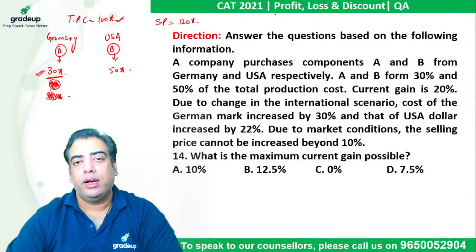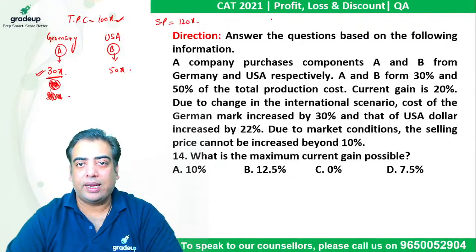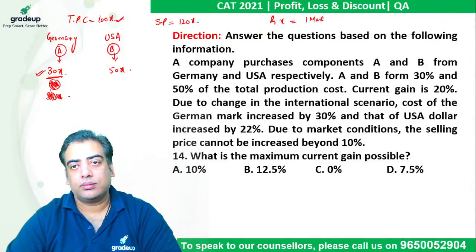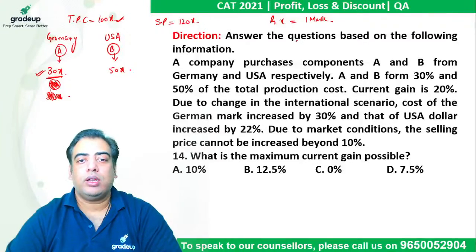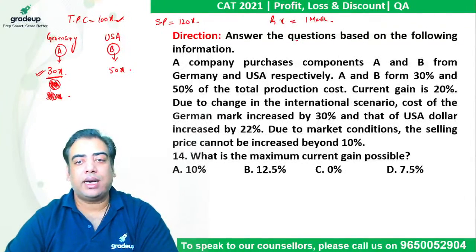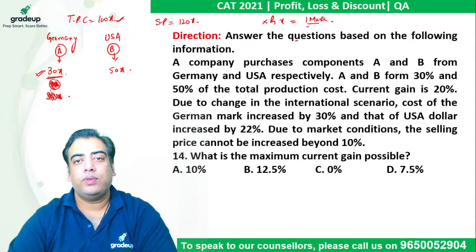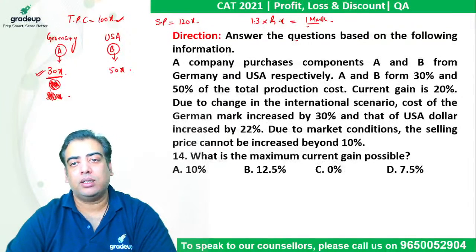So initially, let's say if we were paying rupees x against 1 mark, right? Now he says that the German mark increased by 30%, which means now we have to pay 1.3x rupees for each mark.